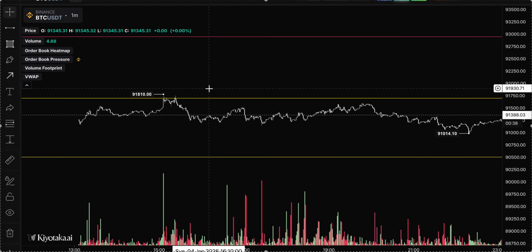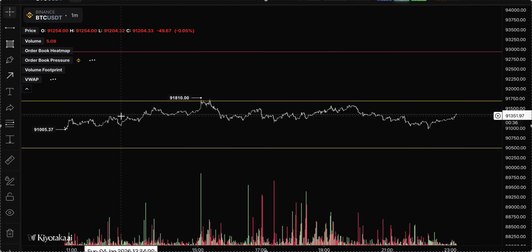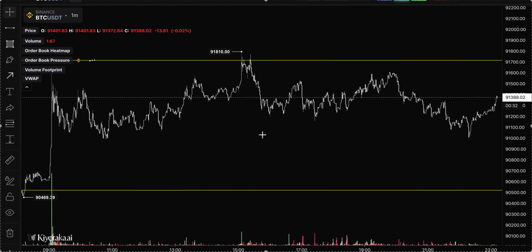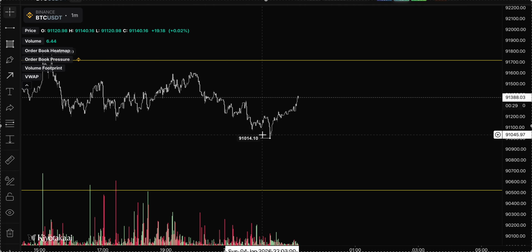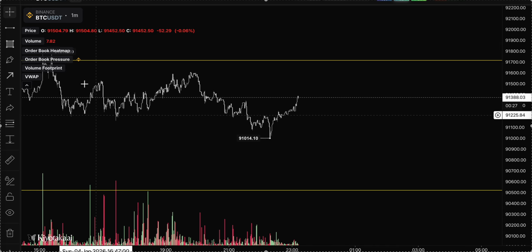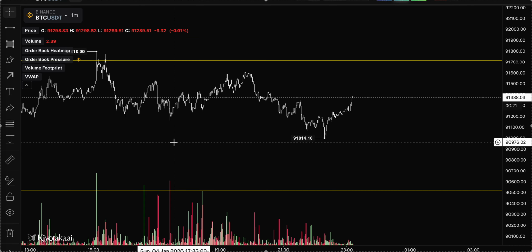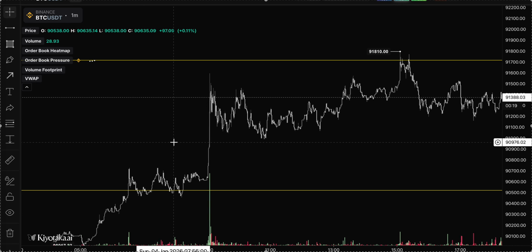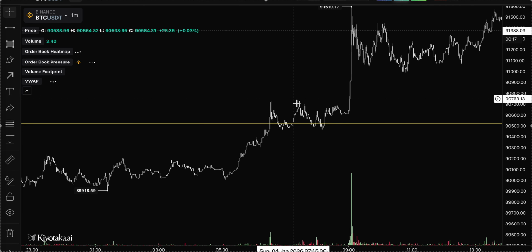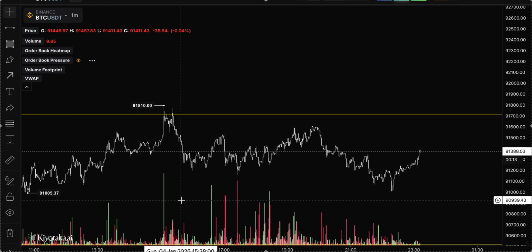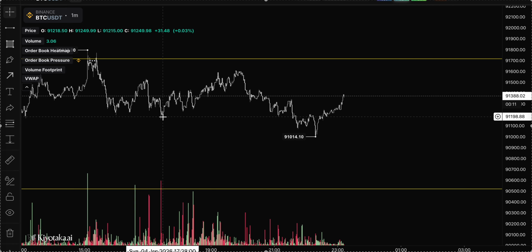So I just prefer a big exchange. I used to do BitMEX for a long time, for many years, until BitMEX didn't have enough volume to do that. BitMEX was amazing. Now this is a spot chart. Sometimes I chart futures, but I think that Binance Spot is okay for me to chart this stuff.